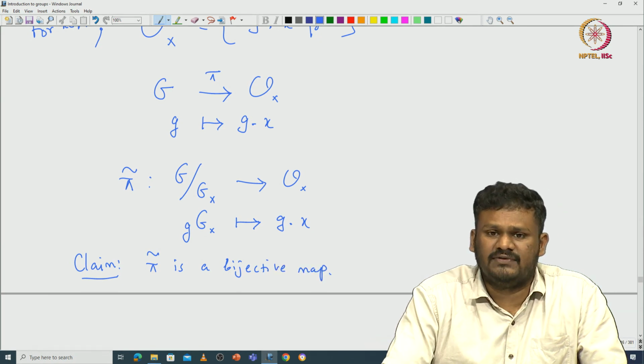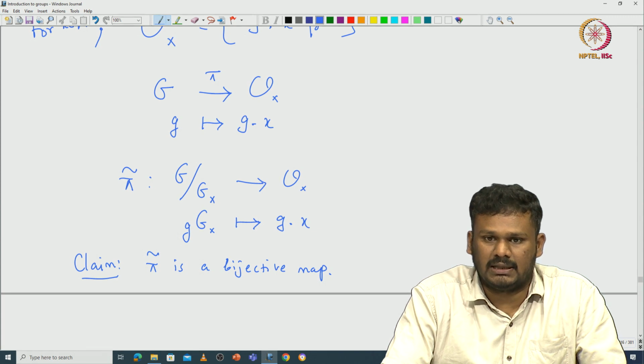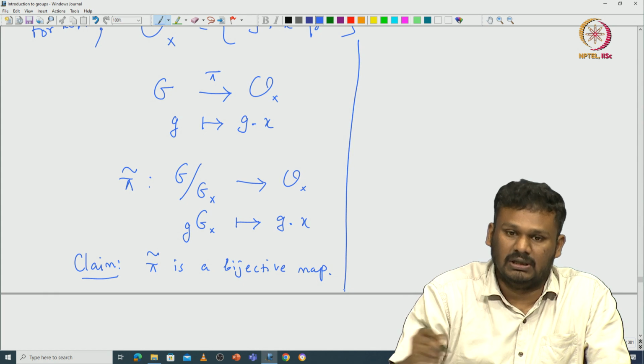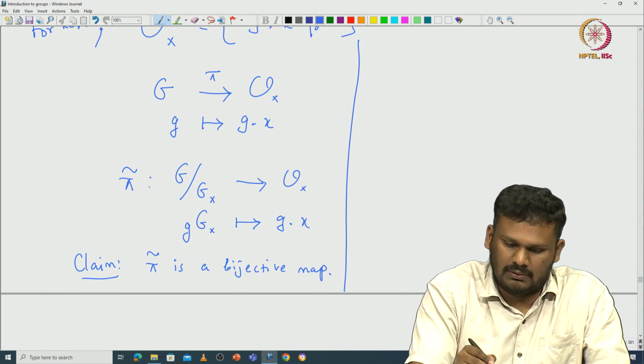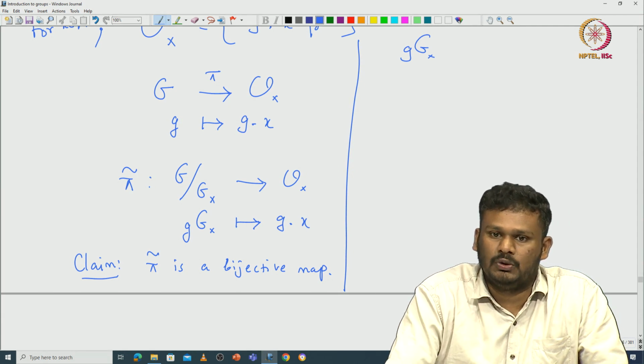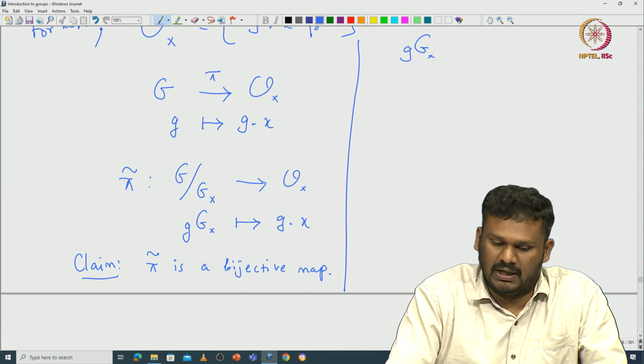Once we prove it is well defined, then it is clear by definition that it is a surjective map. So let us verify this is actually well defined. Suppose you take two cosets; we need to say that they are mapped to a single element if they are equal.